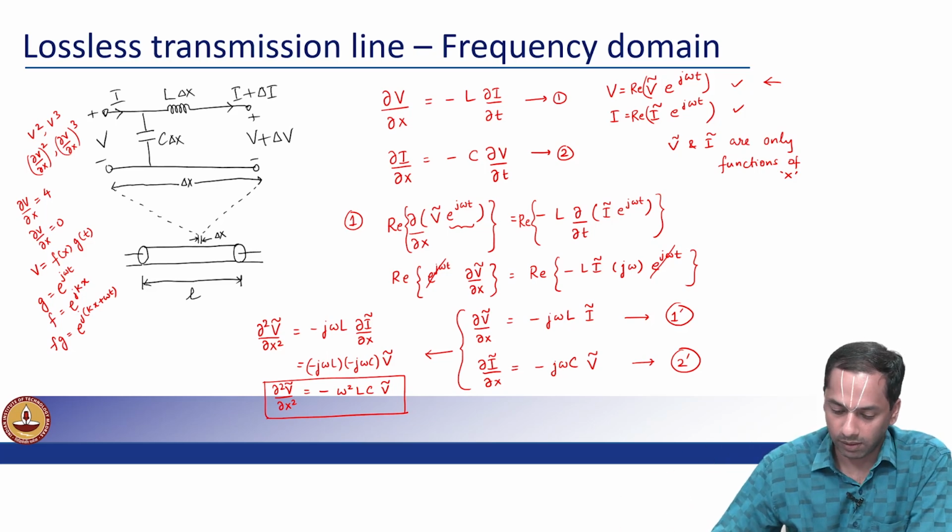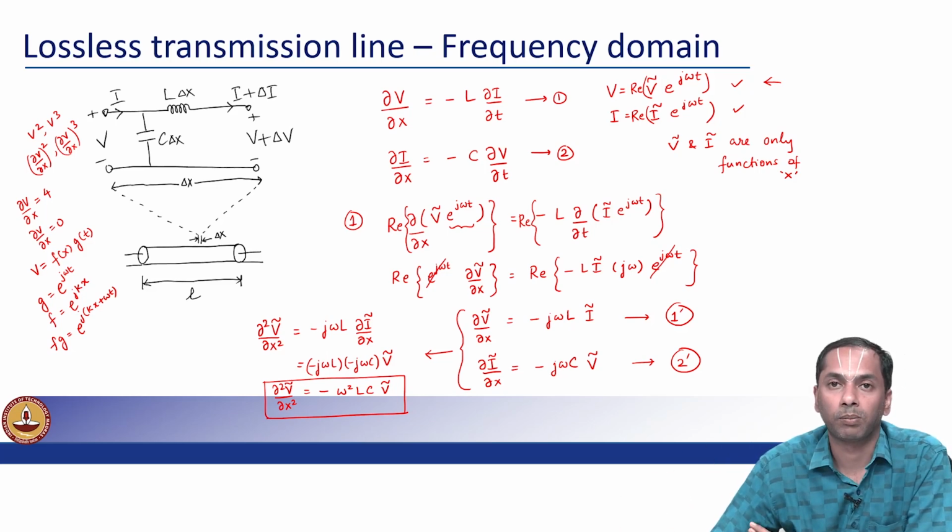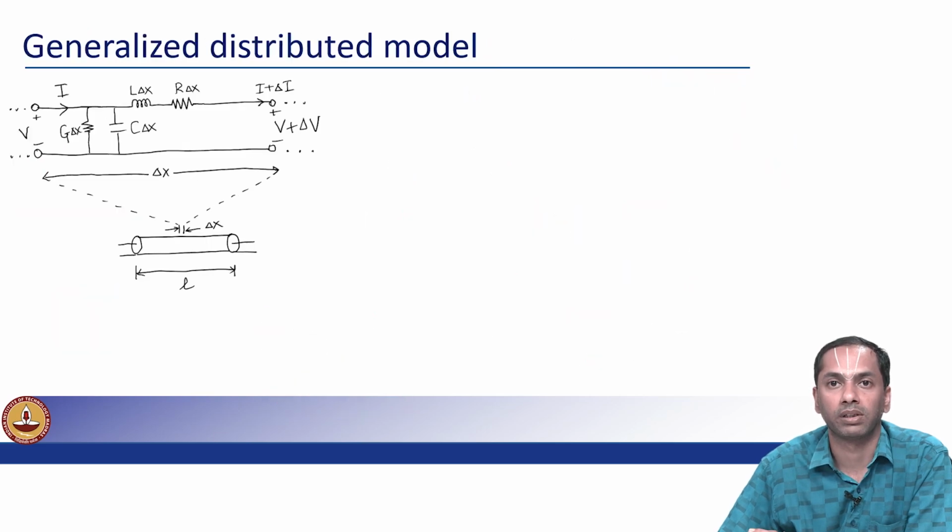So this power of analyzing the circuits at a single frequency is something that truly can be appreciated when we go to the case of the generalized distributed model for the transmission lines, right.